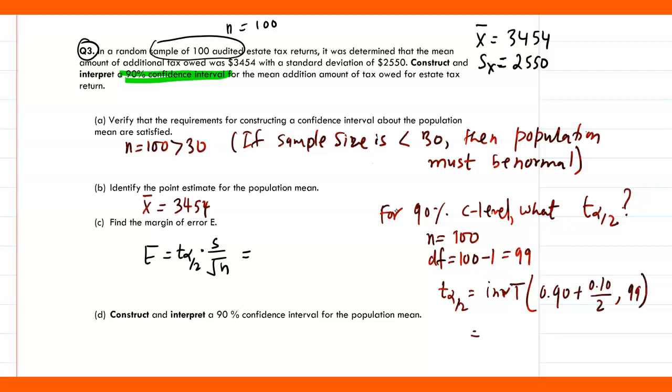Notice that for C level 90, alpha is going to be 0.10, and this is the area on the left. This is the left area. If you have a calculator that asks you to find the area, put that under the area and choose the left.